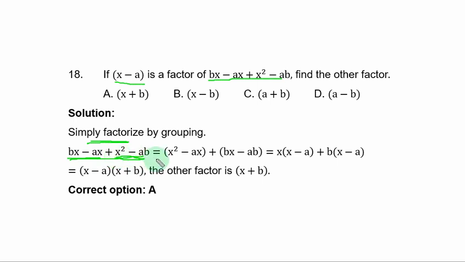So we take the second and third term as one group, then the first and fourth as the second group. If you factorize, you have this result. You can see that S minus A is common. If you take S minus A out, you are left with S plus B that will form the other term. So the other factor is S plus B, and that is option A.